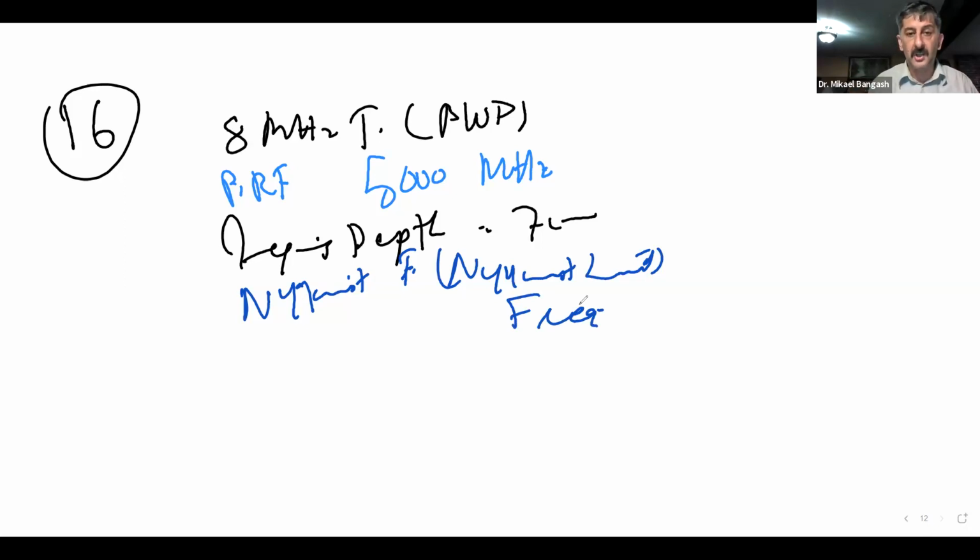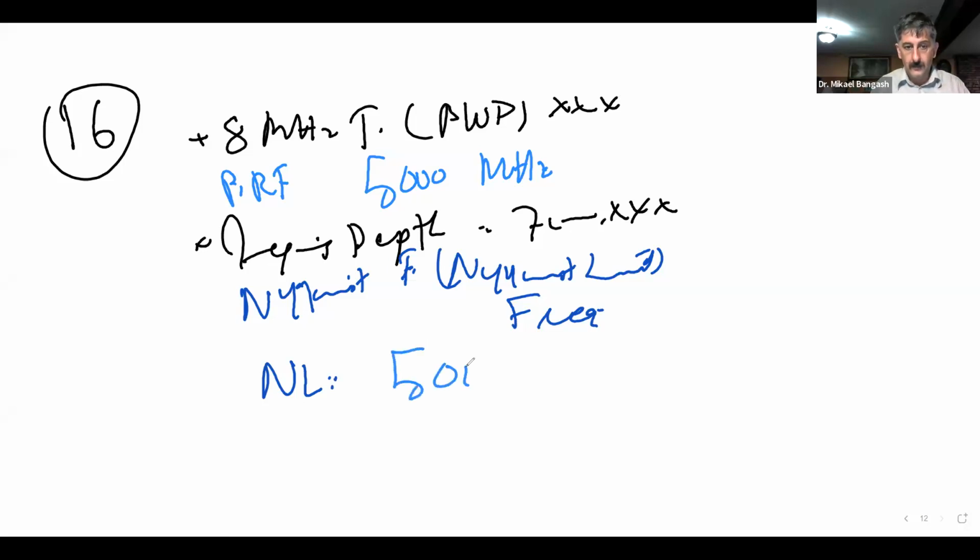Now, you may see that I've written two things in black. That's mainly because this information was just to throw you off. Clear? The only thing we needed to calculate our Nyquist limit or Nyquist frequency was the PRF.